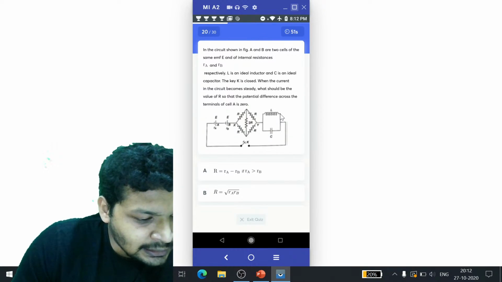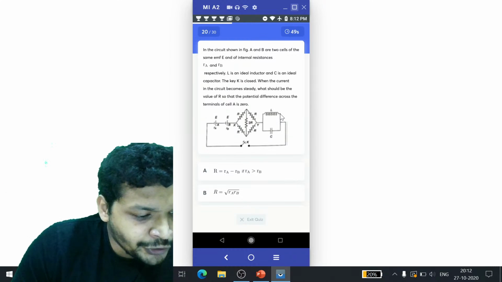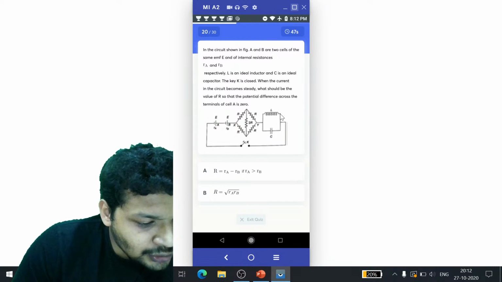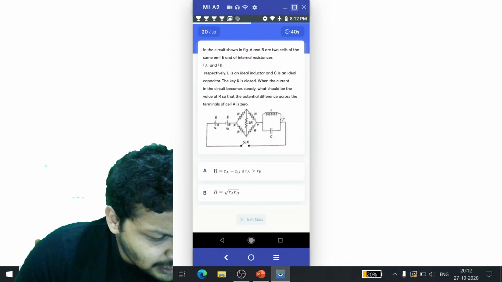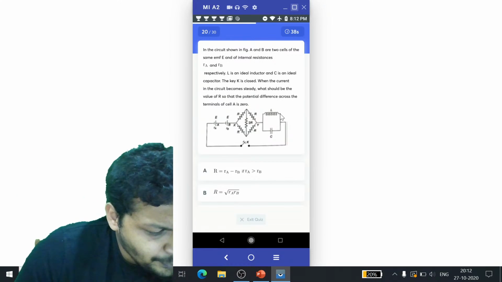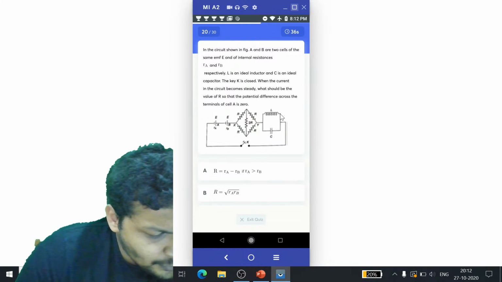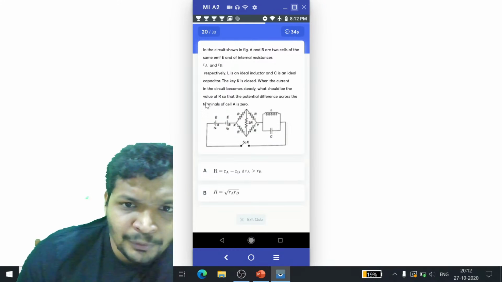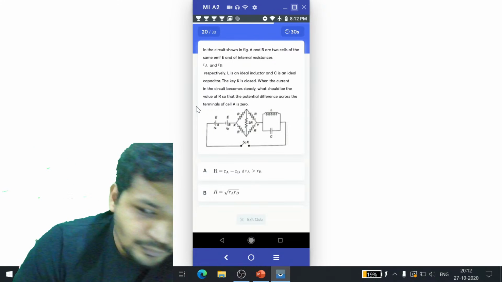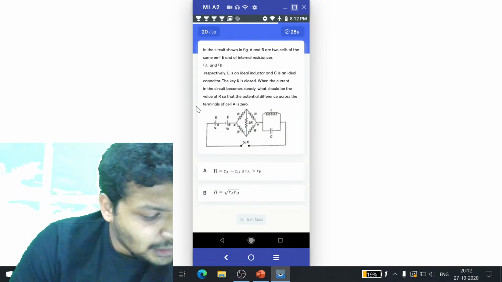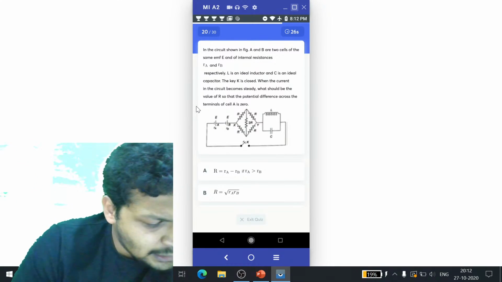When the current in the circuit becomes steady, what should be the value of R such that the potential difference across the terminals of cell A becomes 0?